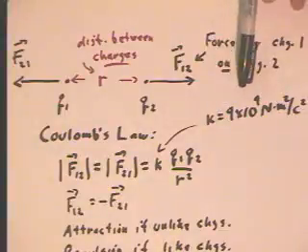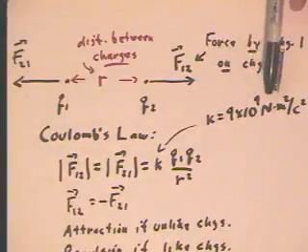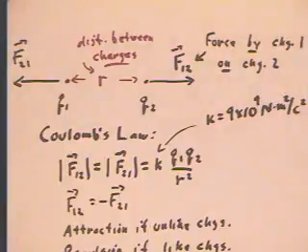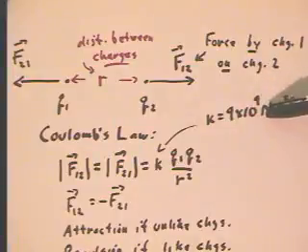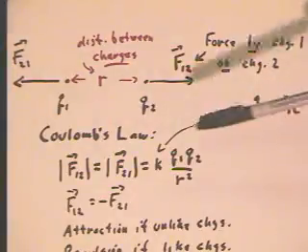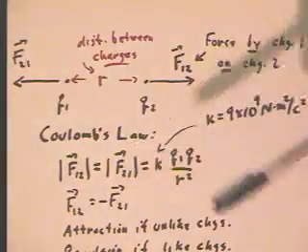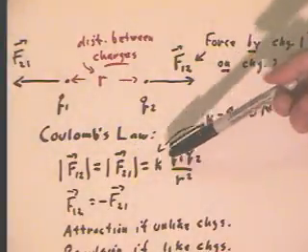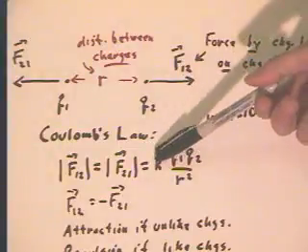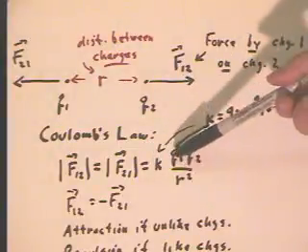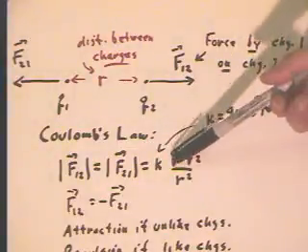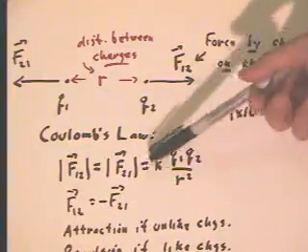Okay, K has the magnitude 9 times 10 to the 9th newton meter squared per coulomb squared. The units of K have to be newton meter squared per coulomb squared if we're going to deal in fundamental units. That is, we want the force to come out in newtons. So K had better contain a newton. And then it had better contain whatever other units are necessary to cancel out the units of this product so that we end up with just newtons.